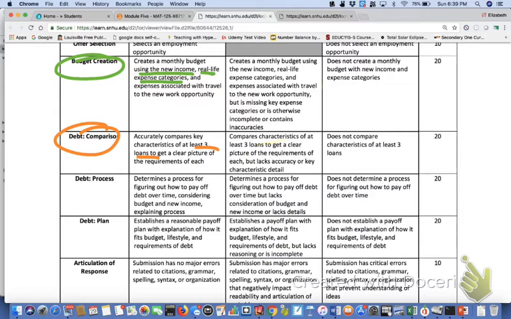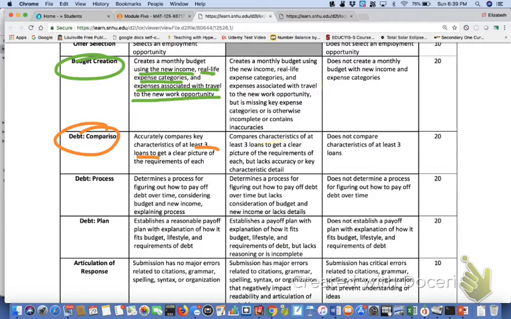And here's the other thing. It specifically says in the rubric, expenses associated with travel to the new work opportunity. Okay, so you specifically need to put travel in there. If you are going to commute, I need some expenses figured into your budget that are going to say, does it include gas? Does it include a transit ticket?